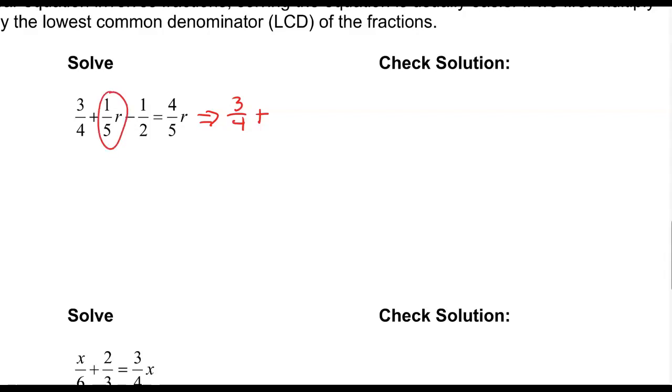No, where would you put r? Are you going to put it on the side? No, where are we going to put it? On top. And then you go minus 1/2 equals, and then you got 4/5 r. Don't write it that way. Where should you put the r? On top. The first thing you should do is realize when you're multiplying that together, r needs to go where?